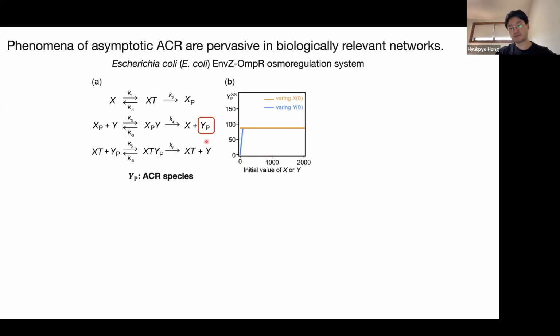Because this example is for conventional ACR, the ACR species is y sub p. So this y sub p species steady state level is supposed to be independent of all initial values of the species, like 7 species in this network.